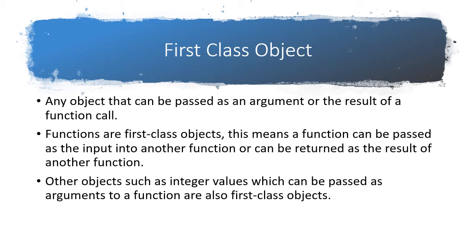Other objects, such as integer values, can also be passed as arguments into a function and therefore are first-class objects. So remember, a first-class object is any object that can be passed as an argument or given as the result of a function.